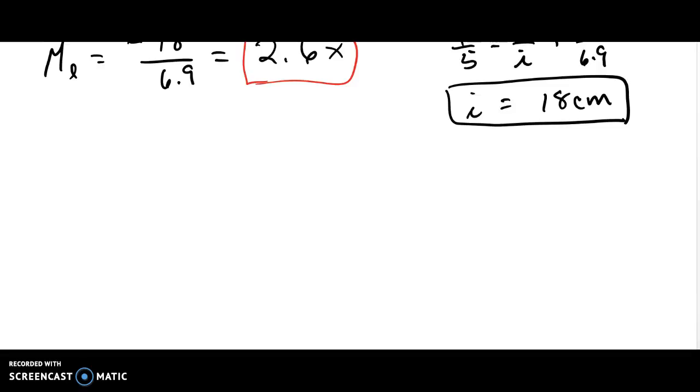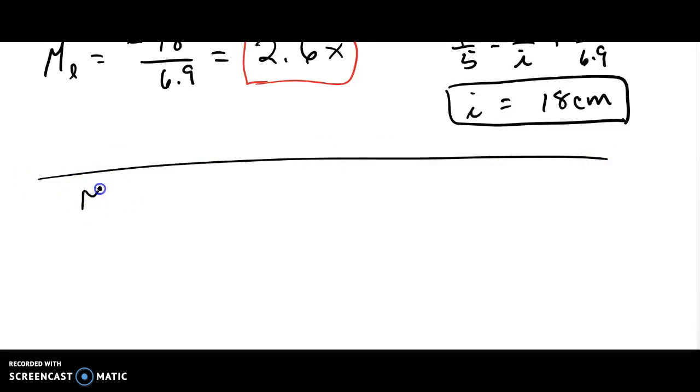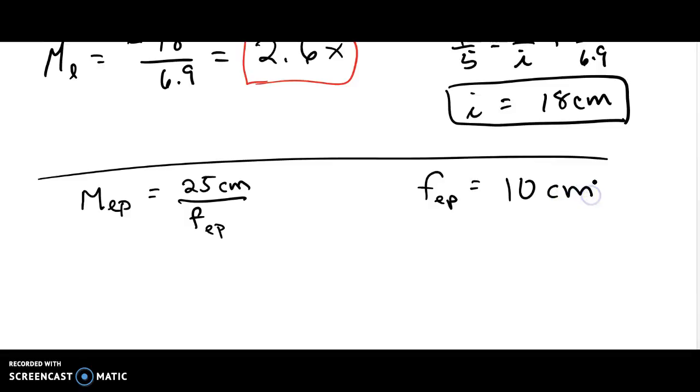Next is the angular magnification of the eyepiece lens. So the equation for the angular magnification of the eyepiece lens is M, I'm going to say EP for eyepiece, equals 25 centimeters over the focal length of the eyepiece lens. And I'm going to just use as focal length of the eyepiece lens equals 10 centimeters.